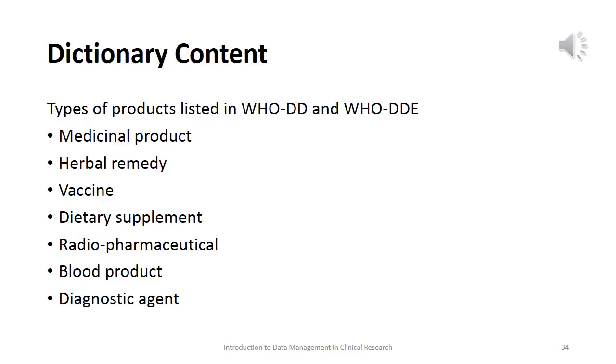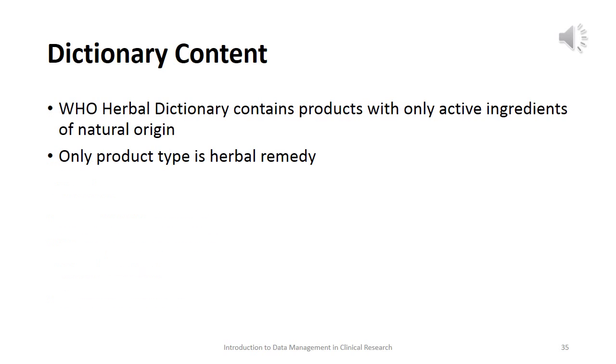So any of these medications or drugs could appear in our dictionary. The World Health Organization Herbal Dictionary contains only products that have an active ingredient of natural origin, so the only product type is herbal remedies, which you may be familiar with.